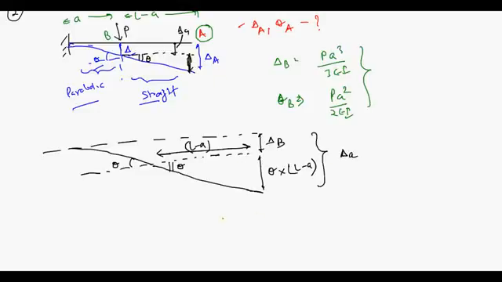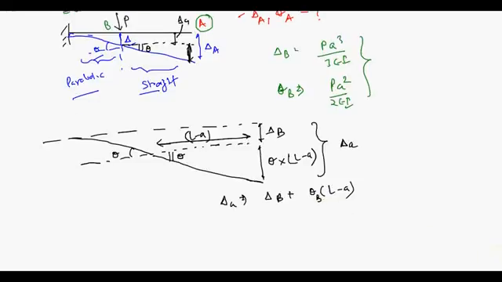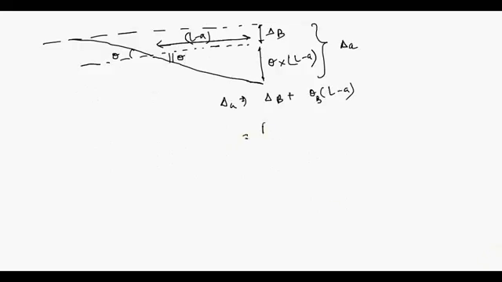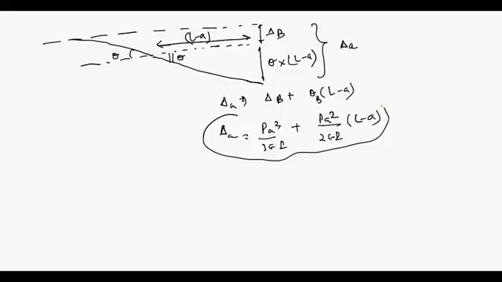Is it okay? So your delta at A is given by delta at B plus theta at B times of L minus A. You can just put the values here: theta at B is PA cube upon 3EI, plus theta at B, which is PA square upon 2EI, into L minus A. This is your deflection at A. I hope you are able to understand this.